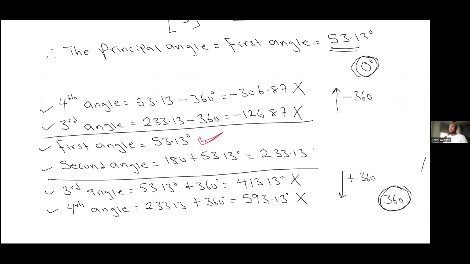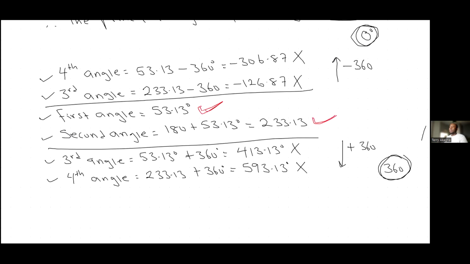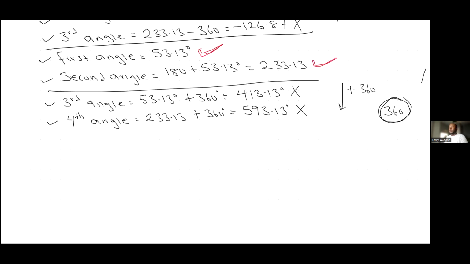So all these are between 0 and what? 360. So the x values that will be solutions for this are 53.13 degrees and 233.13.